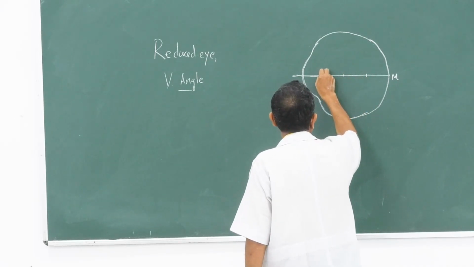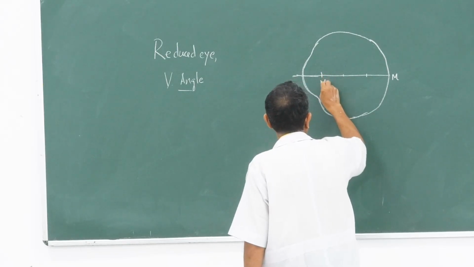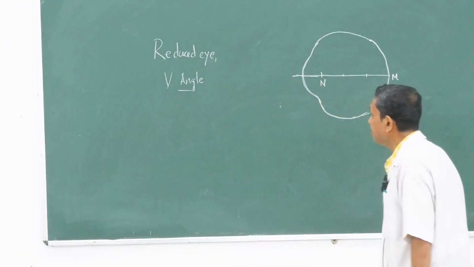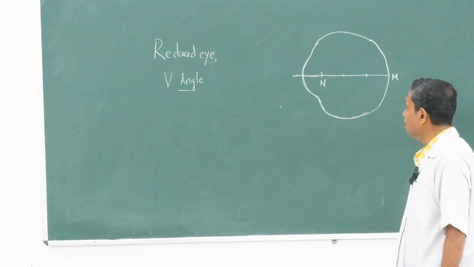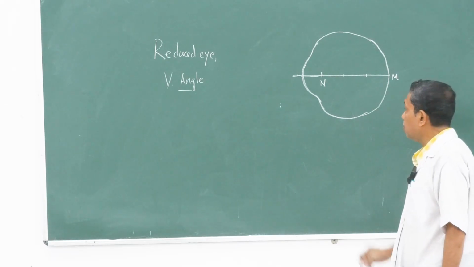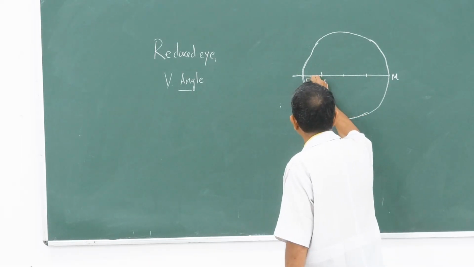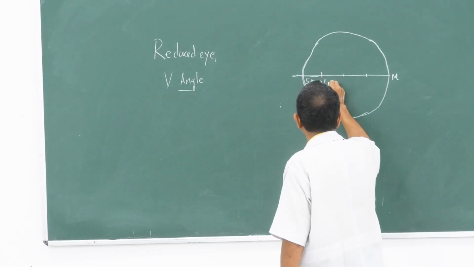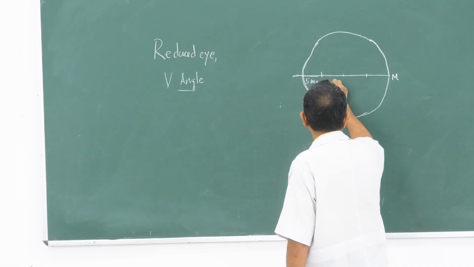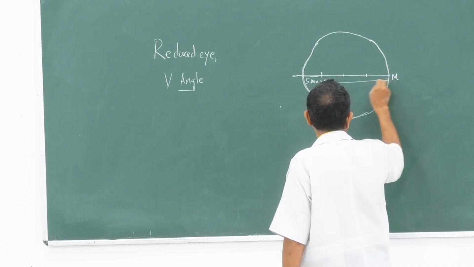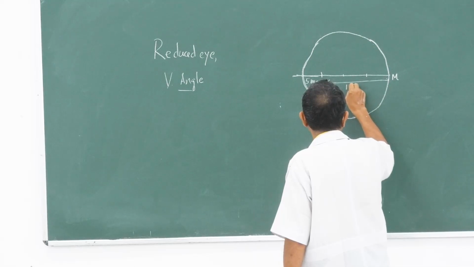Suppose it is the nodal point of the eye. It is 5 millimeter from the anterior surface of the cornea. In the normal eye, it is 15 millimeter.